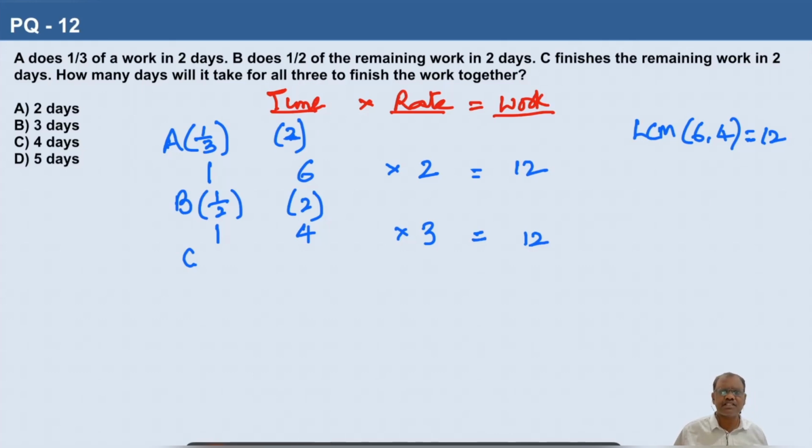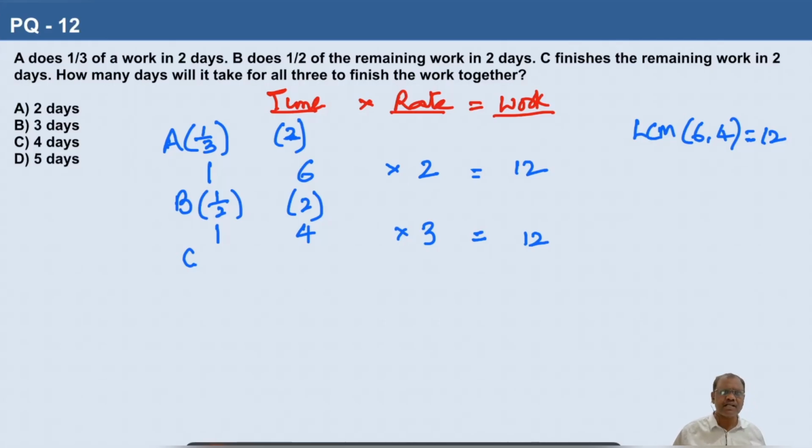So the question is given that A does 1/3 of the work in 2 days, and B does half of the remaining work in 2 days. A is doing 1/3 of the work in 2 days, so what is the remaining work?